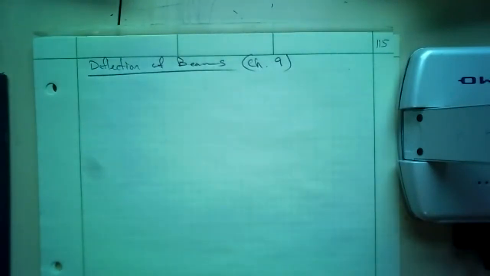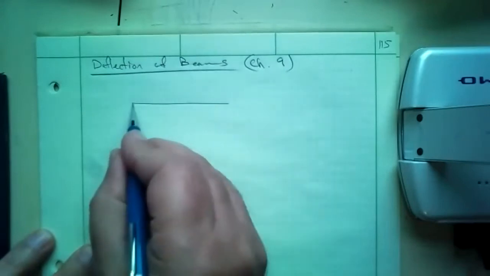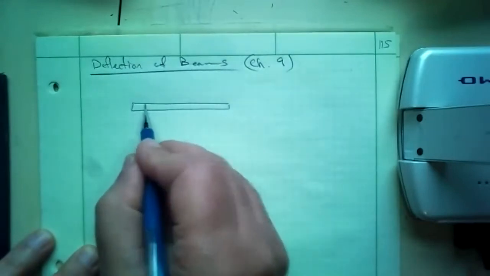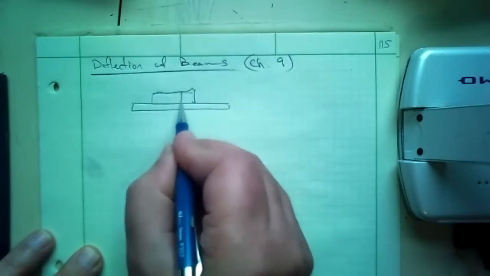Okay, so I'm going to refer you to my derivations in my notes. I don't want to derive the equations, but I want to show you what to use. So if I have a beam under some type of loading, it could be a distributed load of some shape.